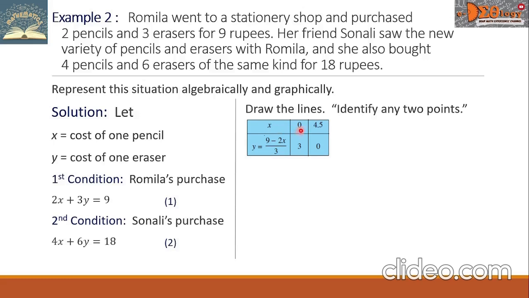We substitute 0 into this equation. We can solve for y, and that is equal to 3. Also, we can assign 0 to y. Then we can solve for x, and the value will be 4.5. Therefore, the 2 points for the first line are (0, 3) and (4.5, 0).